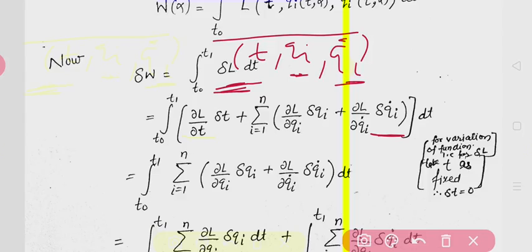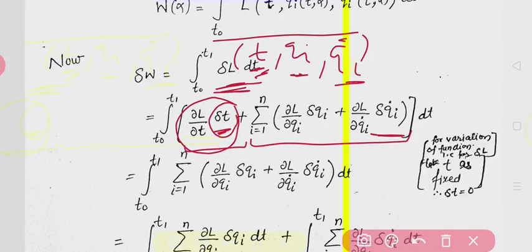But when we are considering the variation of the function, the independent variable is considered constant. So t is constant, so delta t is equal to 0. That means this part will not be there. The remaining part will be the integral of the summation.